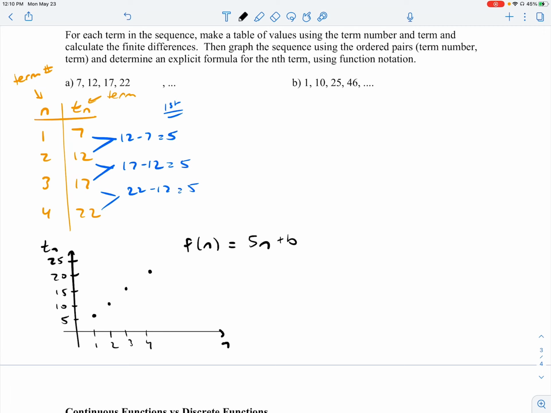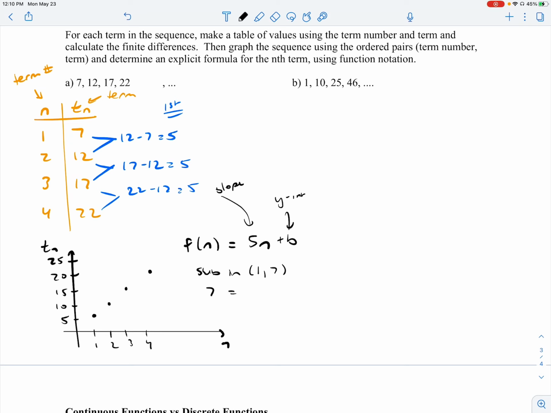So again, real quick, this 5 is just my slope, okay, which you can usually find in the first difference column. It's the constant number. And then this here is going to be the y-intercept. So to find that, I can just substitute at any point I know. So we'll say sub in 1 comma 7.